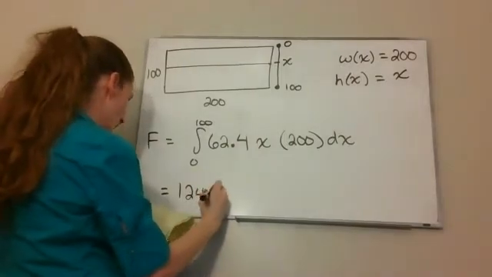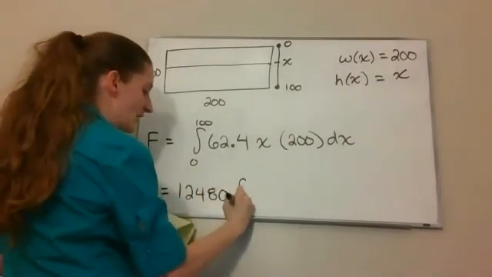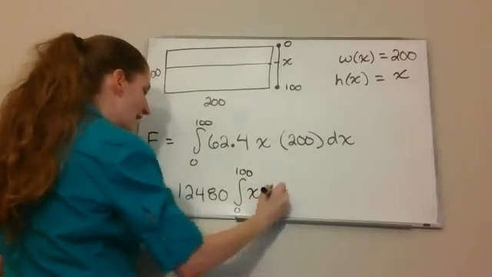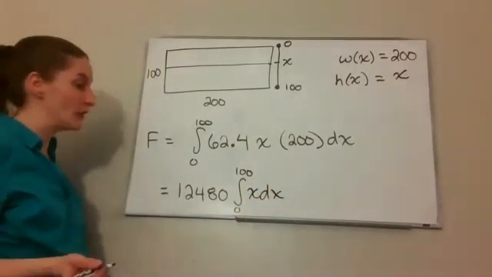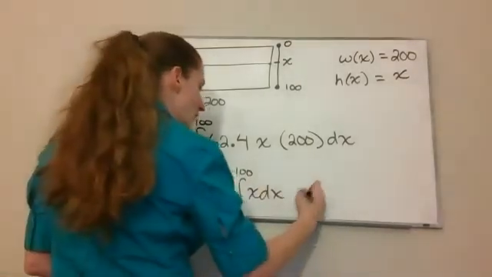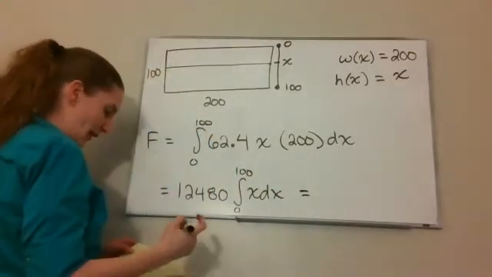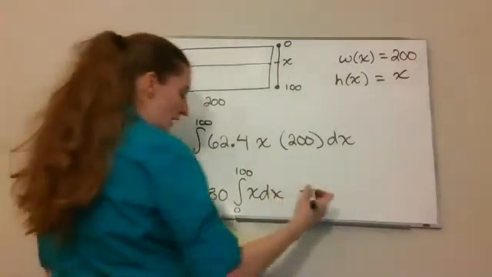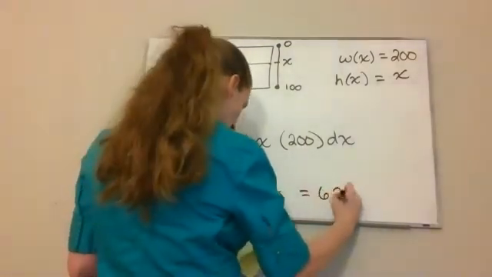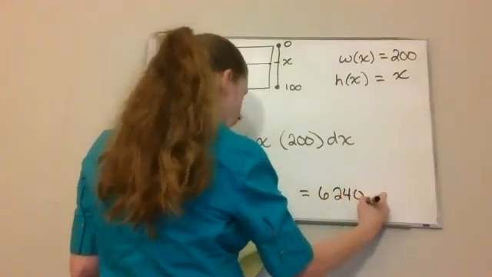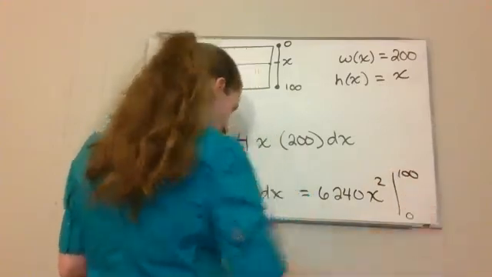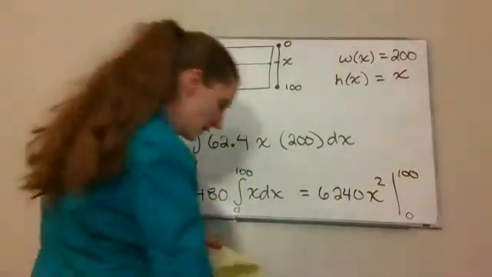I get 12,480 times an integral from 0 to 100 of x dx. And now we're ready to just do an antiderivative. We know that we'll get a 1/2 x squared. So if I combine the 12,480 and the 1/2, I get 6,240 x squared, and we're evaluating at 100 and at 0.